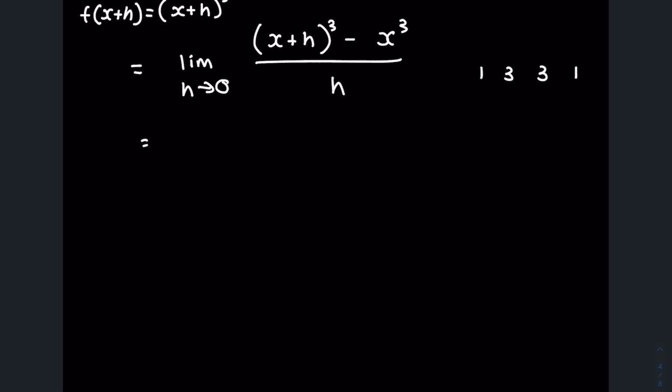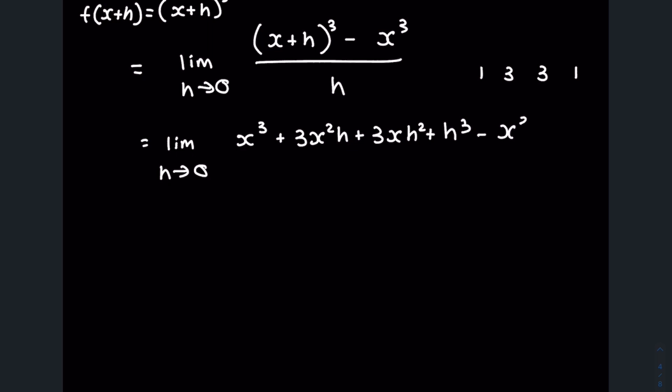So we know that the limit of h tends to 0, you will get x cubed plus 3x squared h plus 3xh squared plus h cubed minus x cubed, all on h.